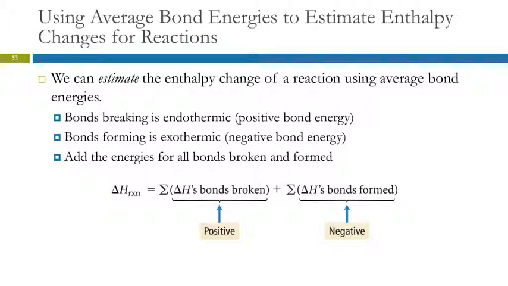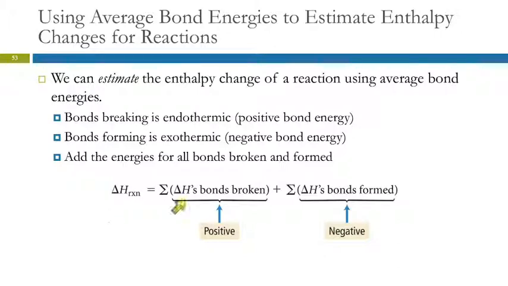What happens when a bond forms? There's an energy change, right? And so a bond forming is an exothermic process. It releases energy. So the way we can estimate an enthalpy change is we can add up all the bonds that are broken and all the bonds that are formed and figure out what the energy difference would be.